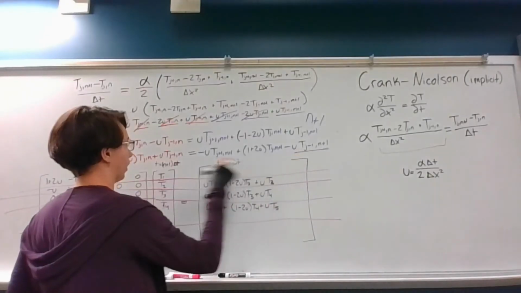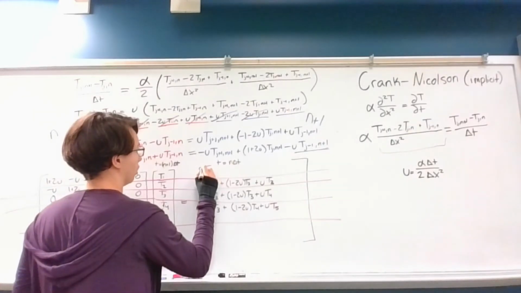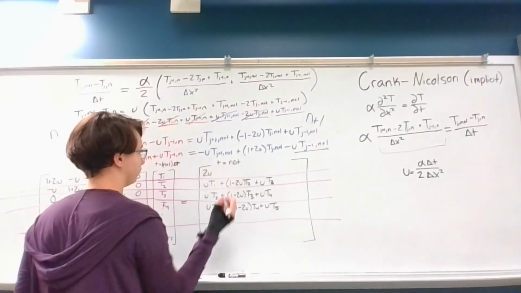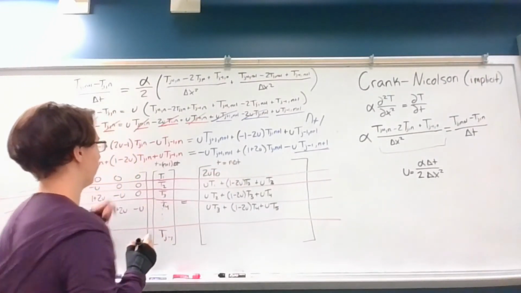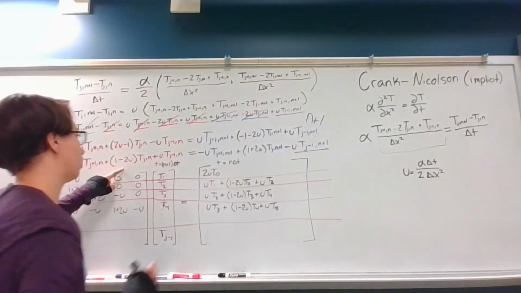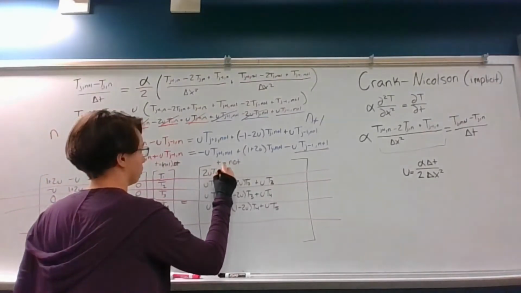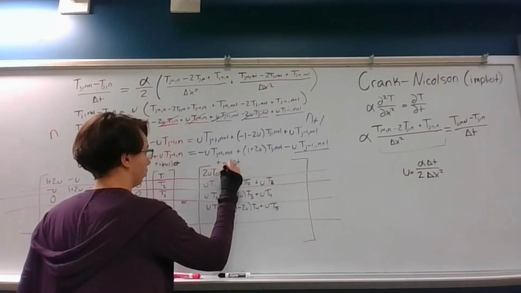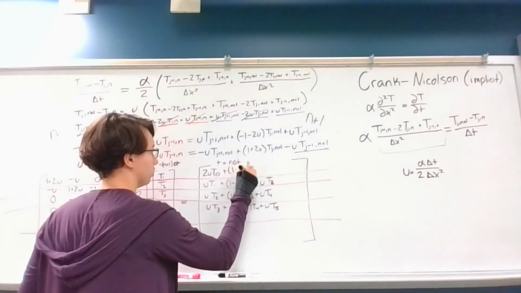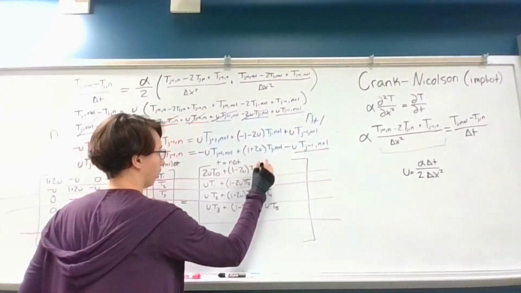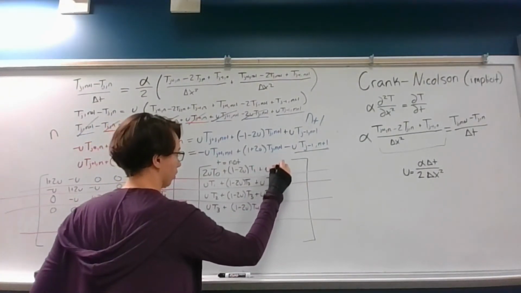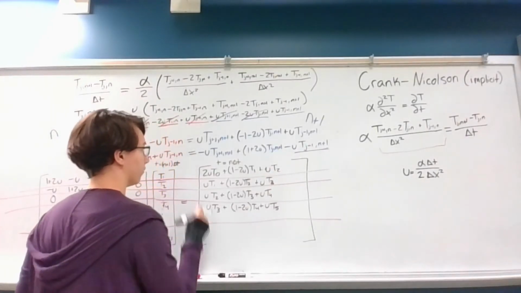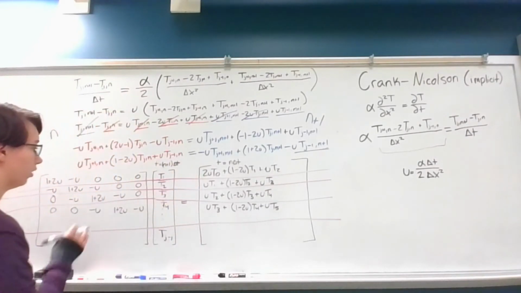So if you subtract this over, that's actually going to be 2u times T0, and then the rest goes on as follows, so then that's plus 1 minus 2u times T1 plus u times T2. Alright, so then that's how we do the first row.